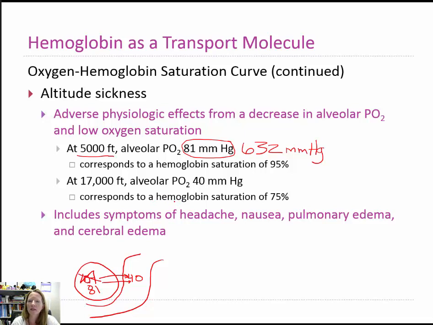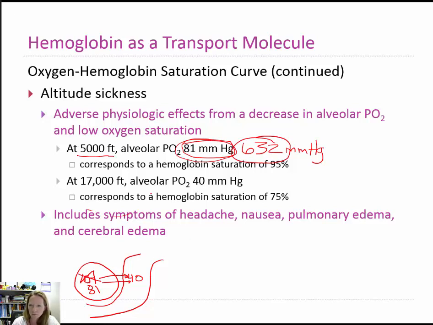Let's say that you're climbing up in altitude. Aspen, Colorado is 8,000 feet. And then you go to Pikes Peak, that is at 14,000 feet. Remember, as you're going up in altitude, this number is getting less and less, and so is this number, and you're having issues with gas exchange.